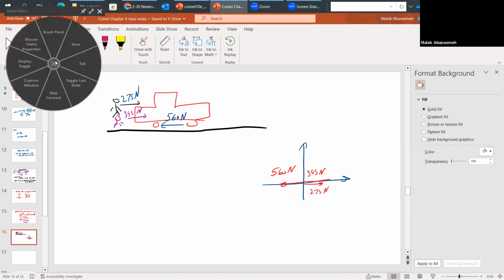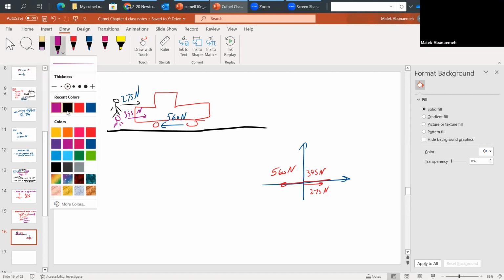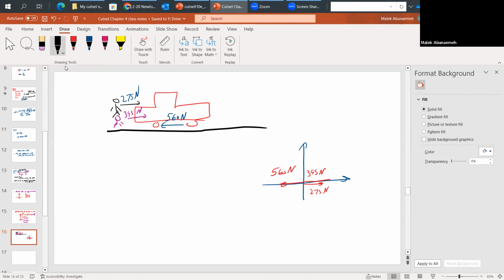So your net force in this case is going to equal, so we got the 275 and the 395 in the positive direction. So we have 275 plus 395 minus 560.